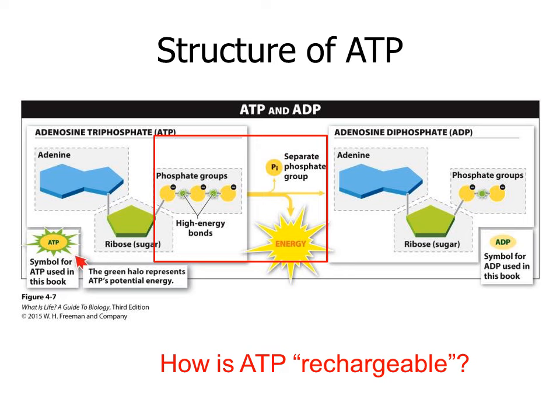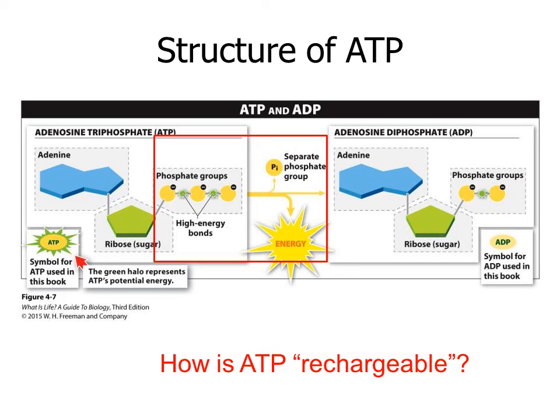The instability of these 3 high-energy bonds makes the 3 phosphate groups like a tightly coiled spring or a twig that is bent almost to the point of breaking. So there's a lot of potential energy there. With the slightest push, one of the phosphate groups will pop off, releasing a little burst of energy from that bond that it broke, that the cell can then use to do work.